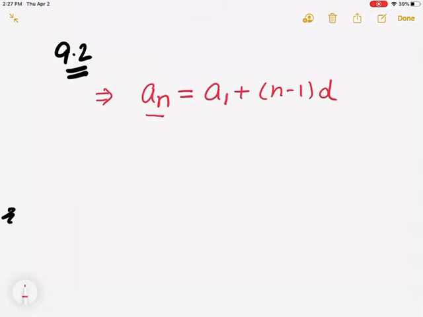So let's say the question asks you for something like this, okay? Normally we solve for a missing term, but this time my question is slightly different.